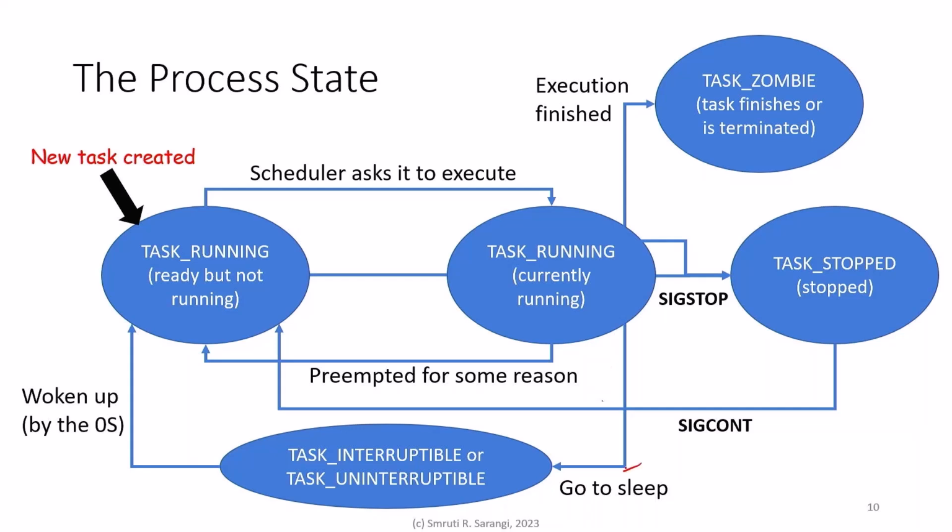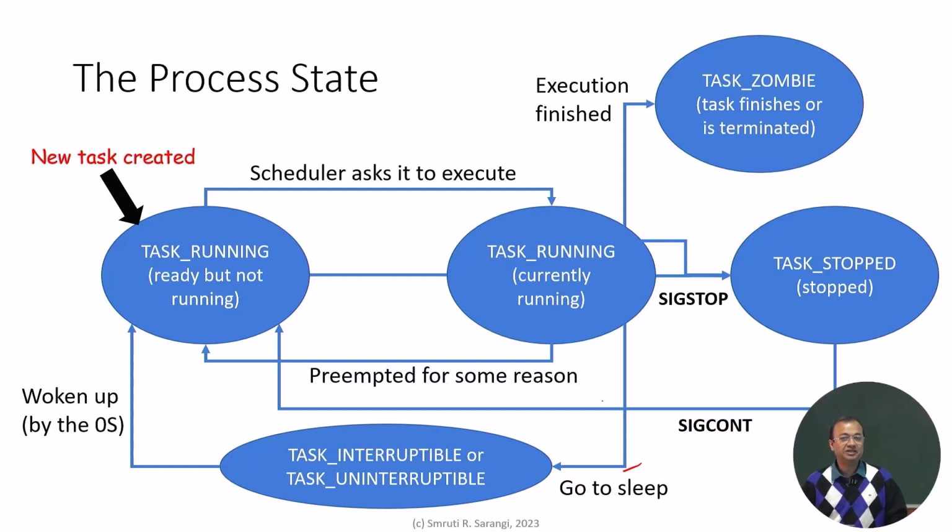These happen if, let's say, you are doing some long running IO. In many cases, if you don't expect any signal to be sent, you can very well go into an uninterruptible state. Or even if a signal is sent, the signal handler will depend upon the results of the event that you are waiting on. In that case also, it has to be an uninterruptible sleep. That is your choice, but broadly speaking, these are Linux's states.